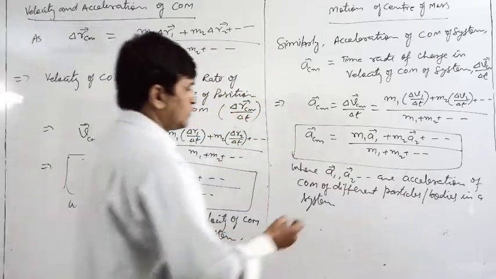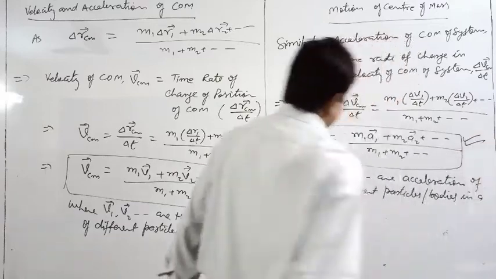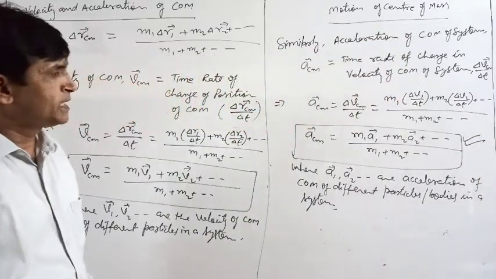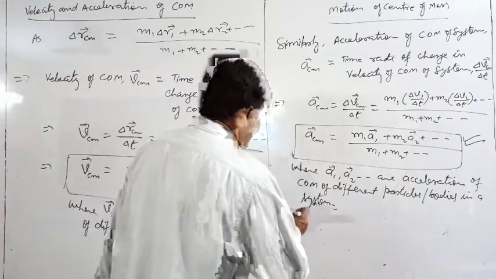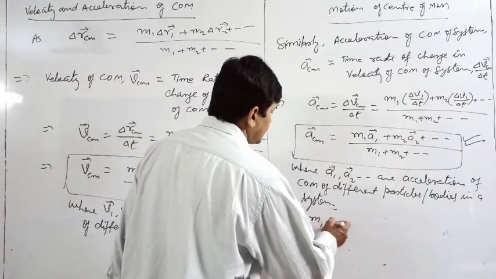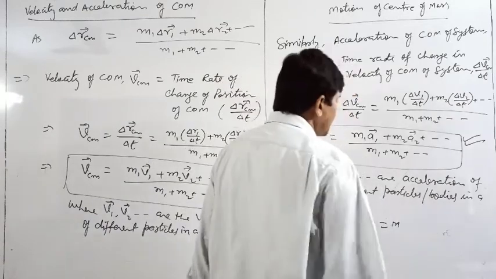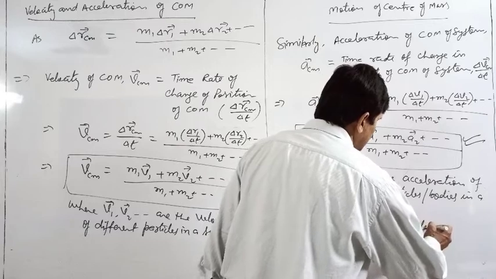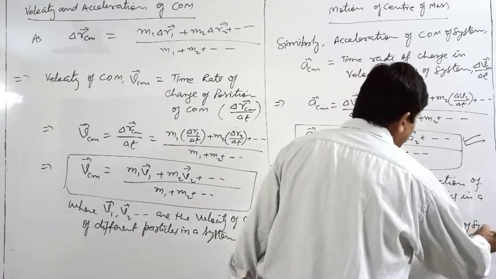Now this is another relationship. See one important point here. As m1 plus m2 equal to capital M, capital M is the total mass of system.